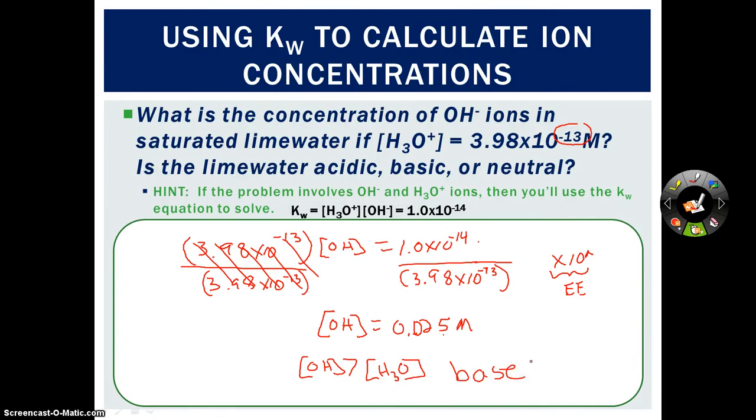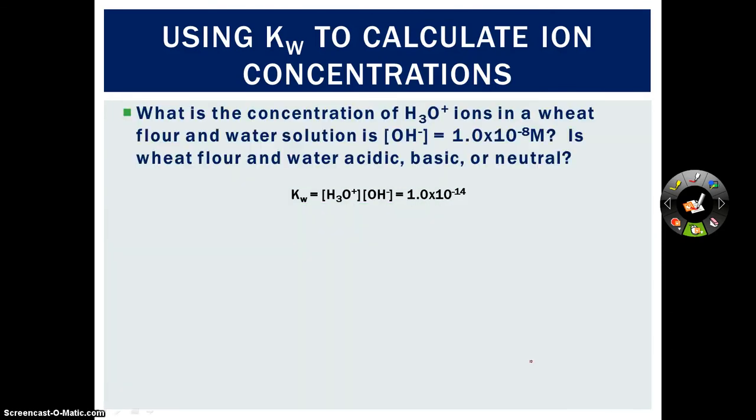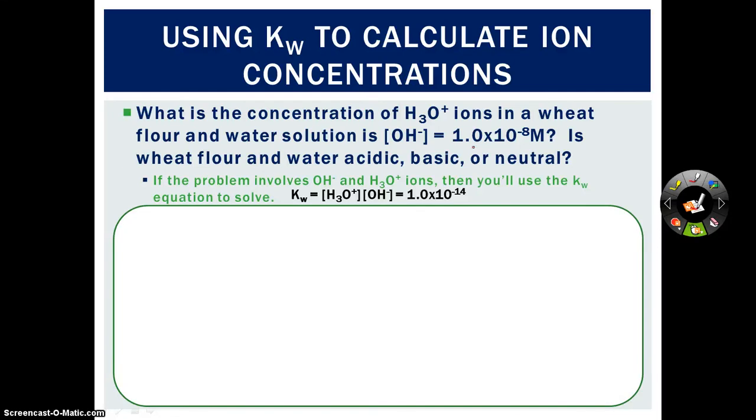Let's do one more like this. So now we want to know what's the concentration of hydronium ions in a wheat flour in water solution if the hydroxide ion concentration is 1 times 10 to the negative 8 molar, and then decide acid, base, or neutral. So same thing, apply the KW formula.